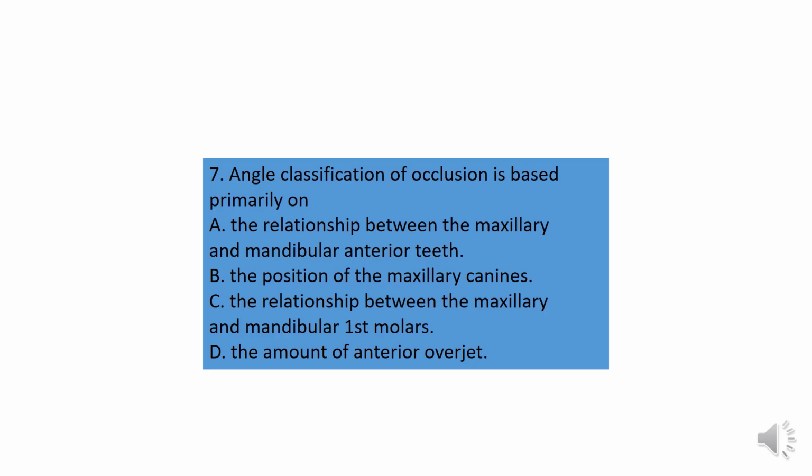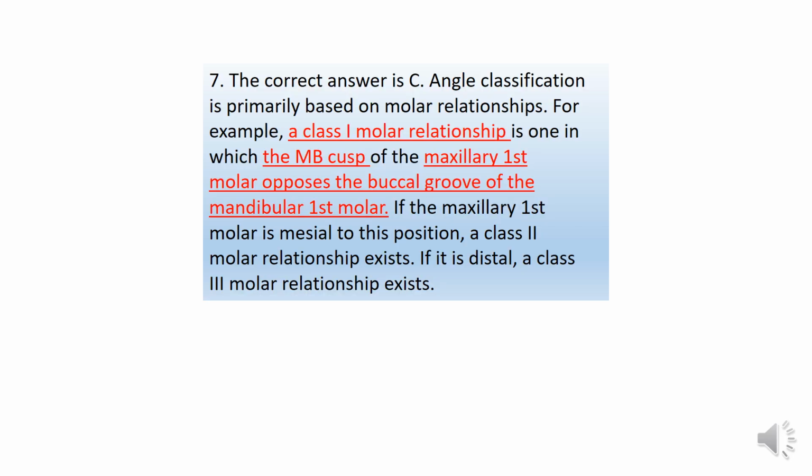The angle classification of occlusion is based primarily on which one? It's not the anterior teeth, it is not the position of the maxillary canine, it is not the amount of anterior overjet. It is the relationship between the maxillary and mandibular first molar.